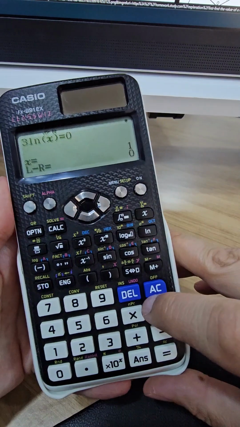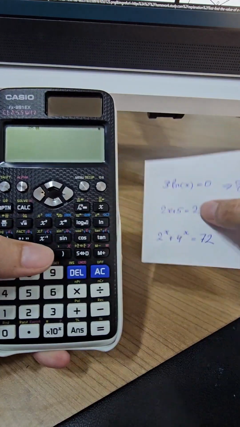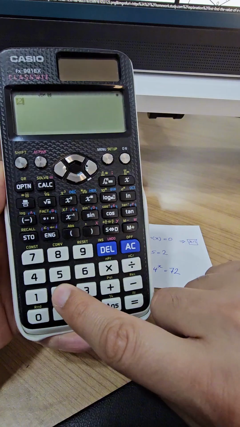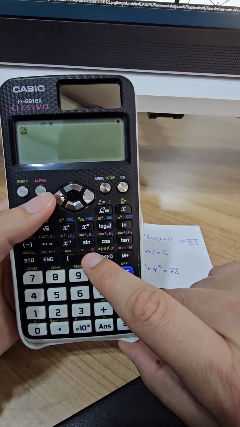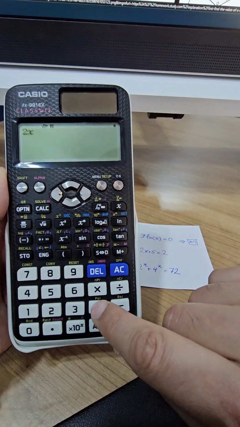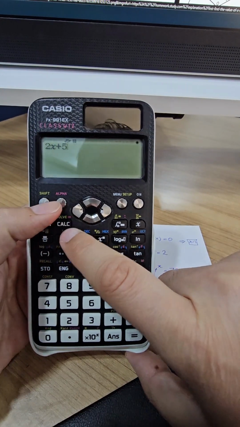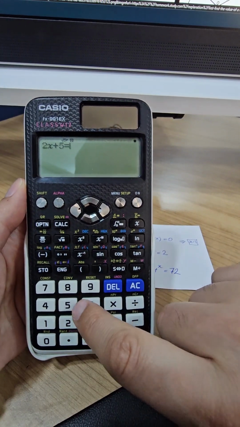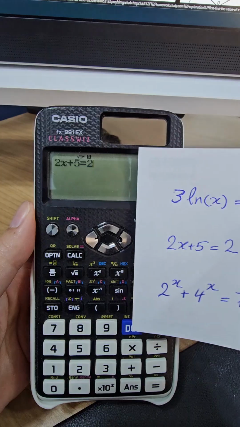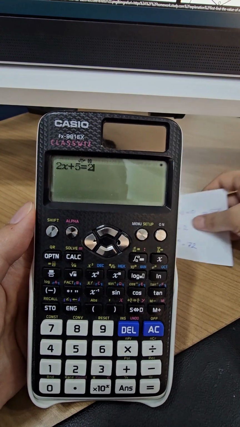Now let's practice one more time with this other simple one. It's 2x plus 5 equals 2. Again, 2 multiplied by x is in red, so I'm going to use alpha. 2x plus 5, equal is in red too, so I'm going to use alpha equals 2. So here is my second equation, 2x plus 5 equals 2.